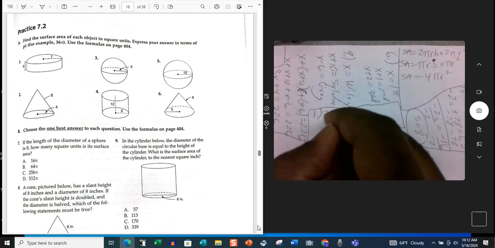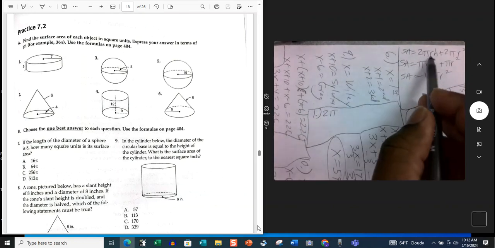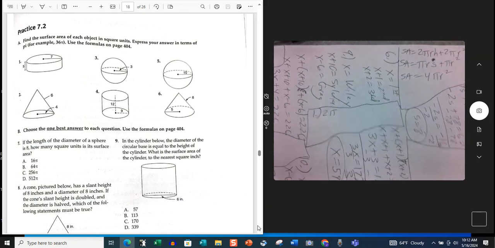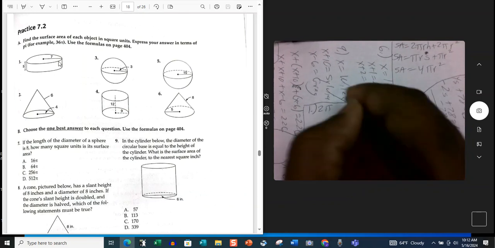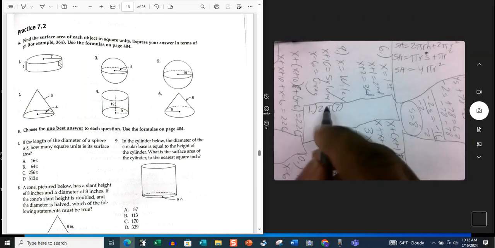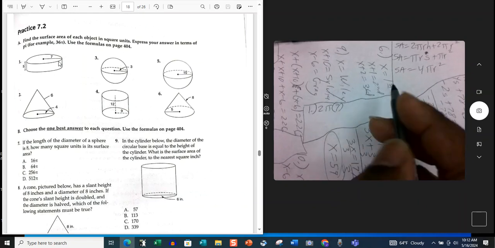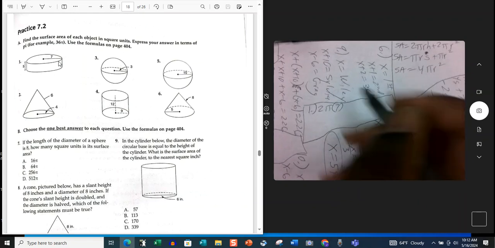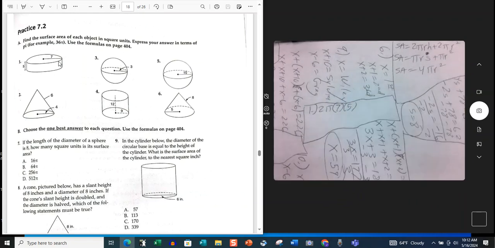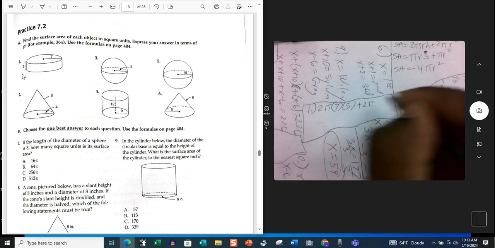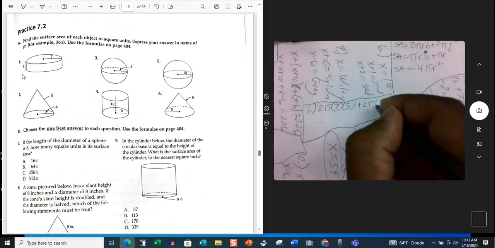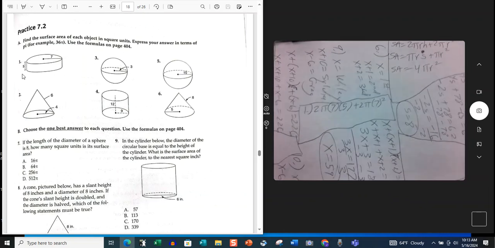So we have 2 times pi, and then we have the radius, which is this 7. So we have 2 times pi times 7, and then we have the height, which is 5. When you come here, you see the height of this cylinder is 5, plus 2 times pi, and then we have the radius, which we found as 7 squared.